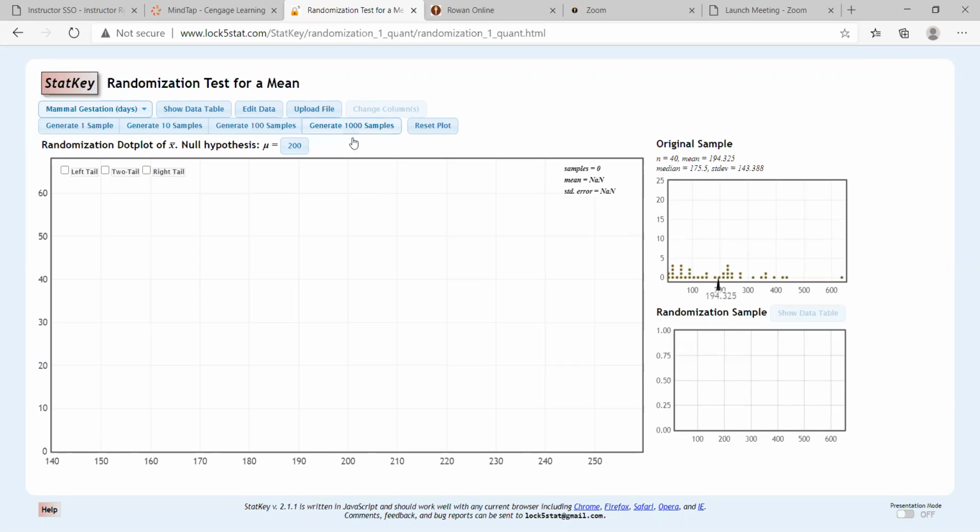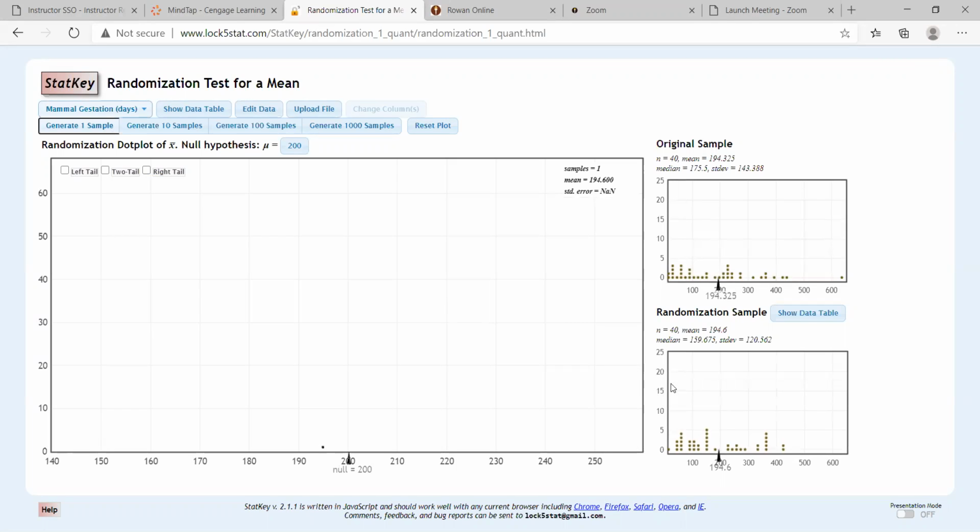Not all. And what's going to happen is we're going to generate individual samples with different means. For example, if I choose one sample, this mean is 194.6. If we choose 40 mammals at random, if we choose another one, it's 217.125. So every sample is going to have a different mean.